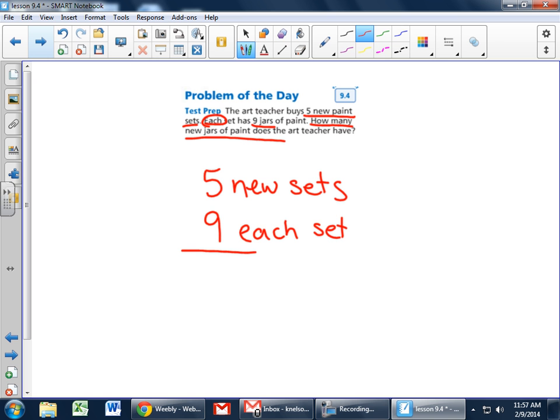So each set has 9, so we're going to multiply. 5 times 9, you should know really fast. And the question says how many new jars, so you're going to label it new jars of paint. And 5 times 9 is 45. Should have gotten that pretty quick.